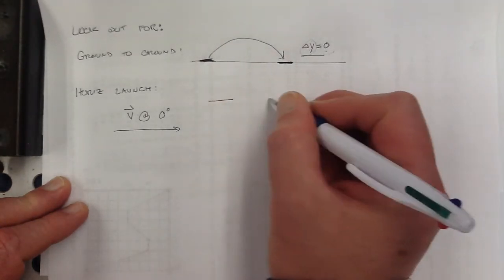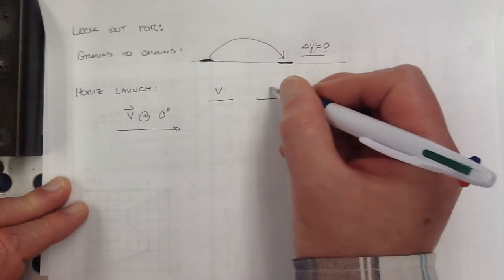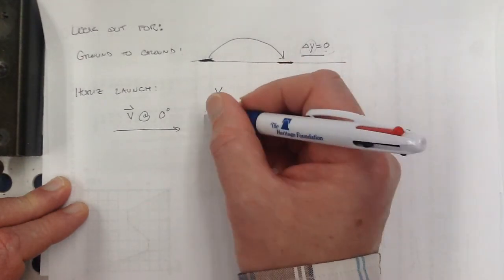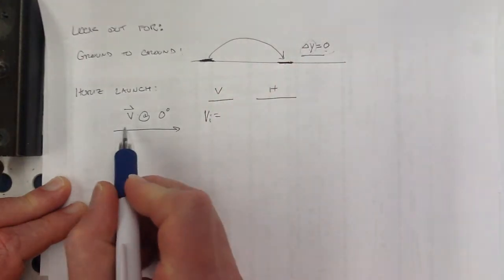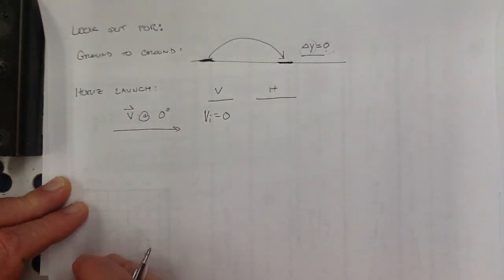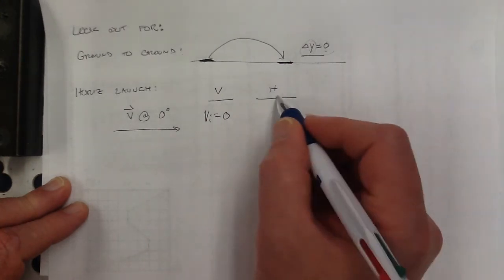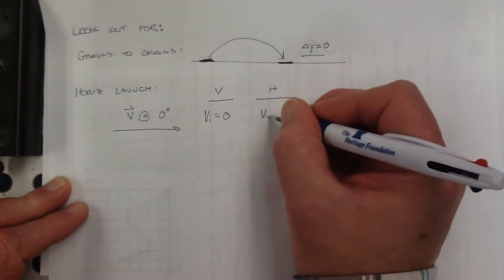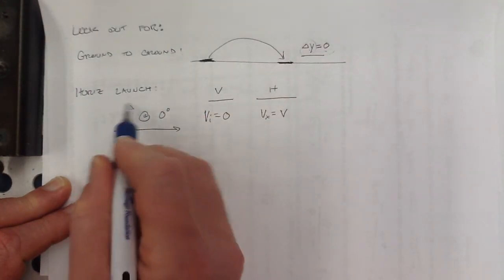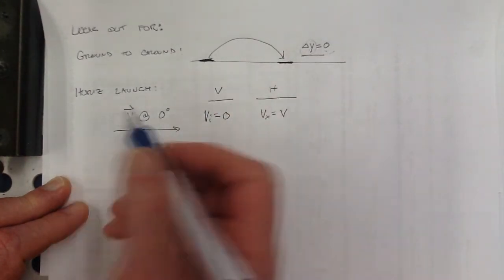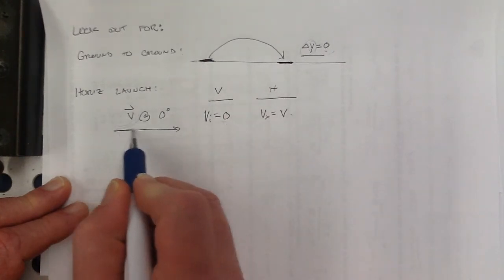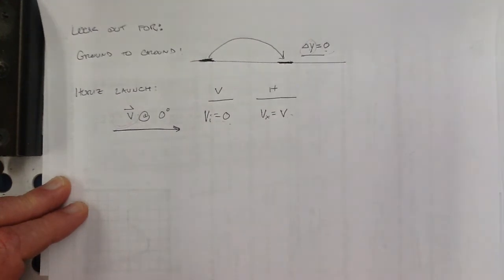So when you set up your vertical and horizontal, your initial vertical velocity, how much of this is vertical? What's the vertical component of this? Nothing, 0. And what's the horizontal component? The horizontal constant velocity is the magnitude of this. It's the whole thing. So that's another place where students get a little bit confused about what should go here and here. This is all horizontal and no vertical. Right?